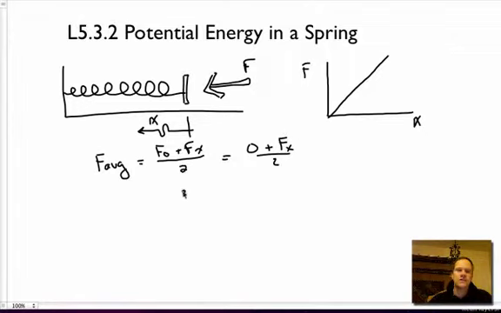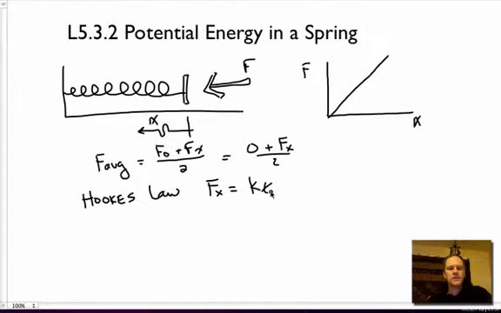And Hooke studied some of this and basically came up with Hooke's law that says that the compressed force in the spring is equal to kx.